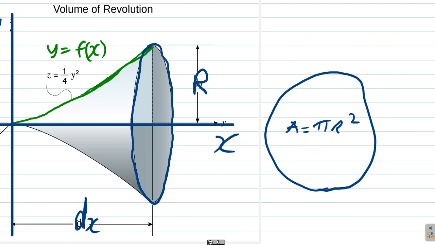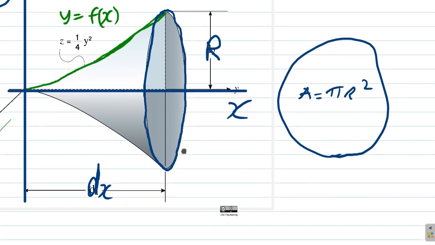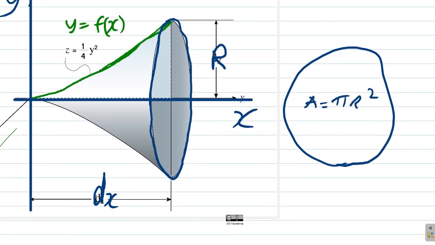Now, if we consider slicing this shape, we get this. In other words, the shape that we would get from the slice would look something like this.